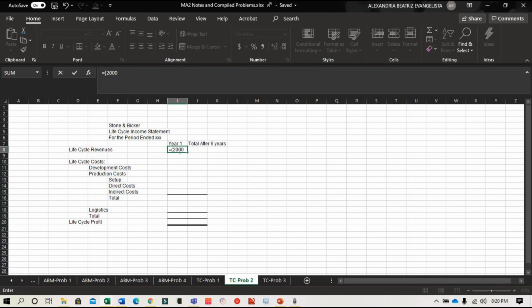However, it is stated in the problem that every 6 months, a new lamp pattern will be put into production. So, how many 6 months are there in a year? That is 2. So we're just going to simply multiply 2,000 by 2.